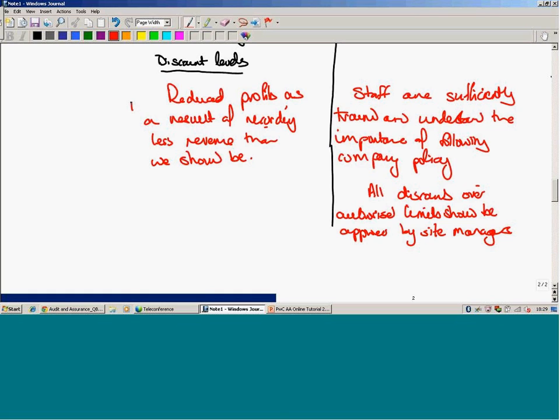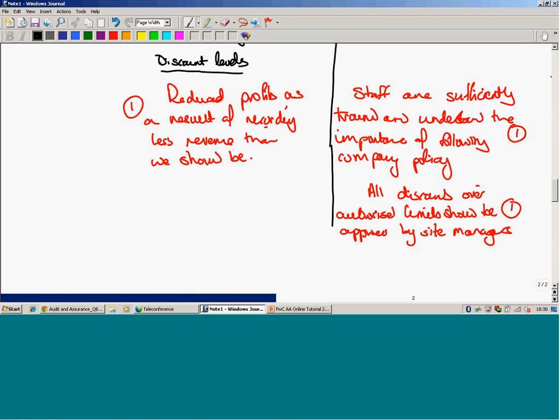What you're going to get in the exam is 1 mark for each well-explained implication and 1 mark for each well-explained recommendation. So that's a nice 3 marks there. There are more things I could have said about that, and that is one of the beauties in audit and assurance. Ultimately, look in the question bank answers at the back.